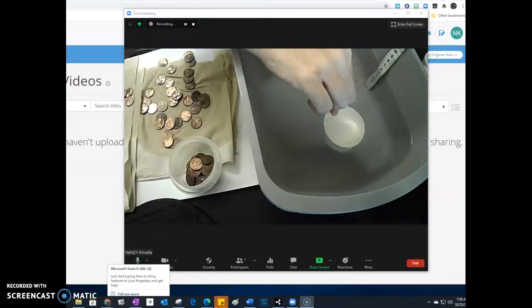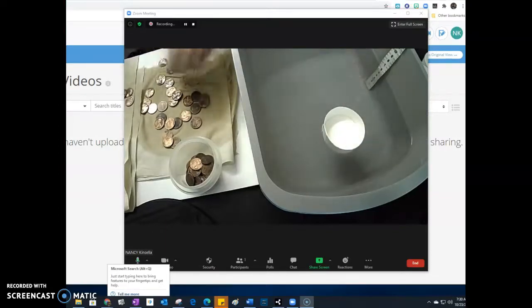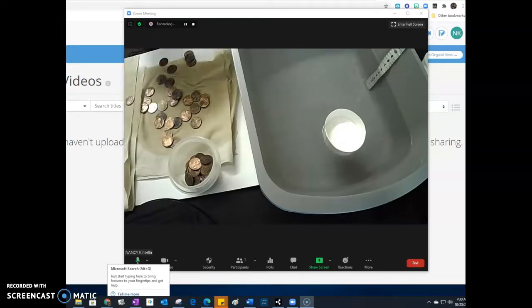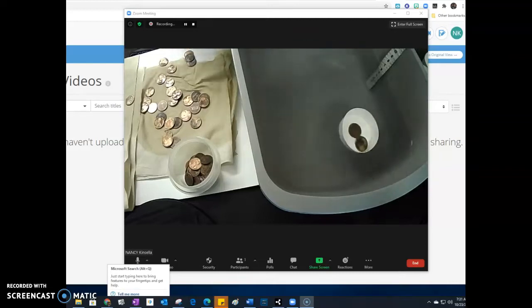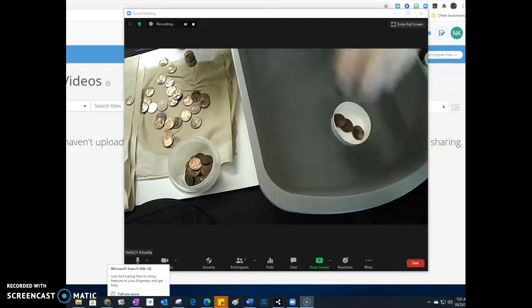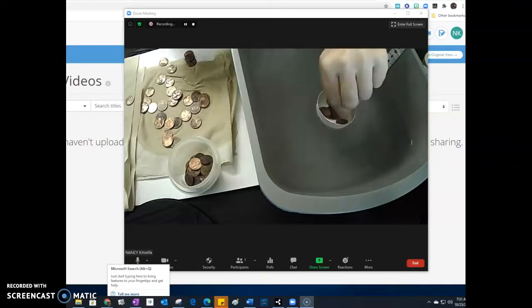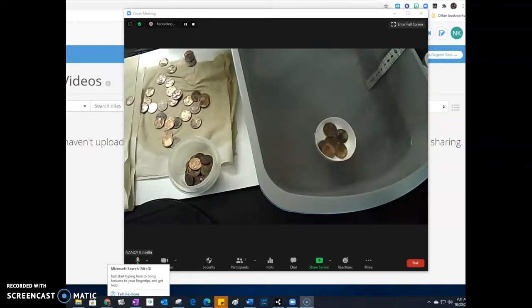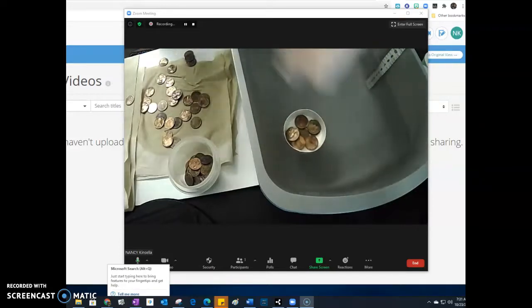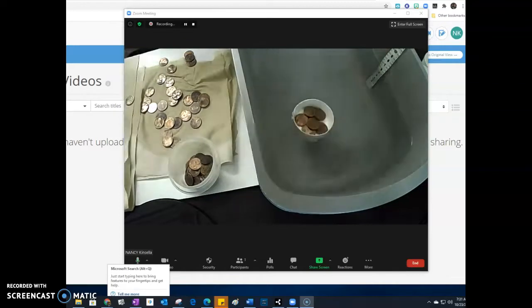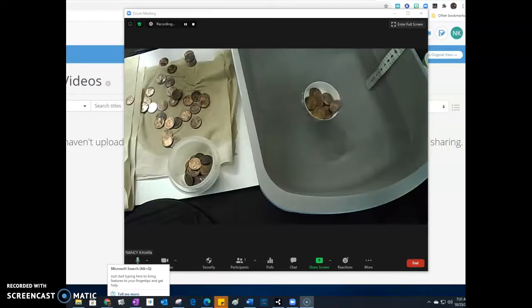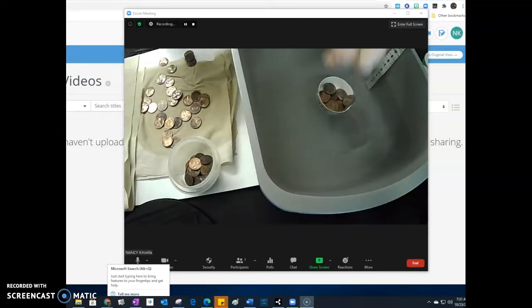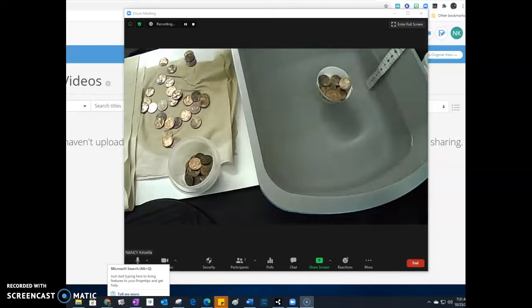So for my 29 milliliter boat, place it in the water, gather my passengers. 1, 2, 3, 4, 5, 6, 7, 8, 9, 10, 11, 12, that was not gentle, 13, 14.